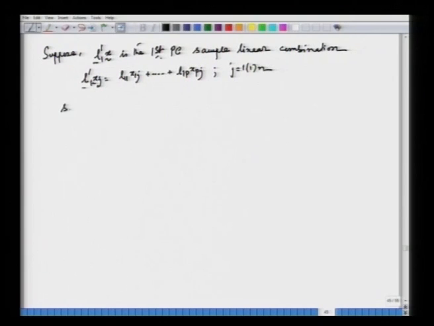In that case, I can express the sample mean of this component as L1 transpose X bar, which is 1 by n sum over j from 1 to n of L11 X1j up to L1p Xpj.